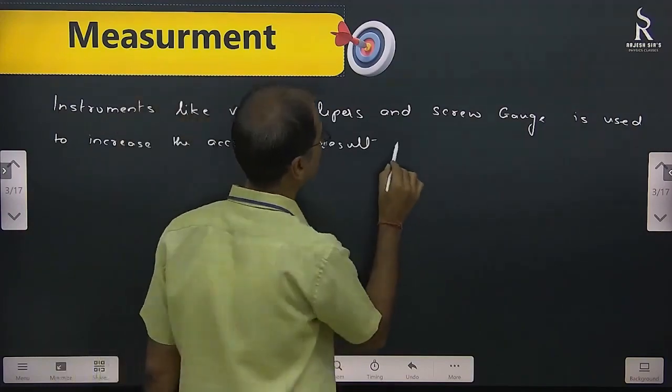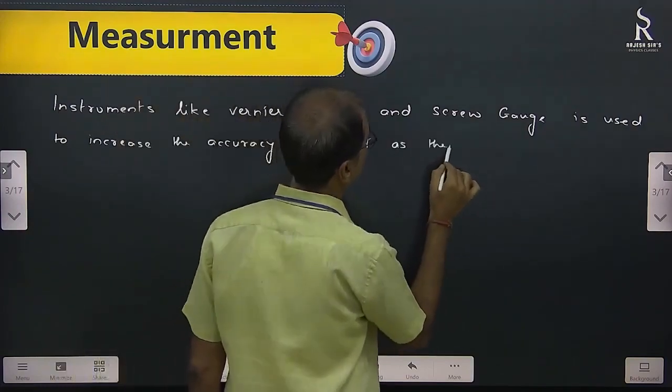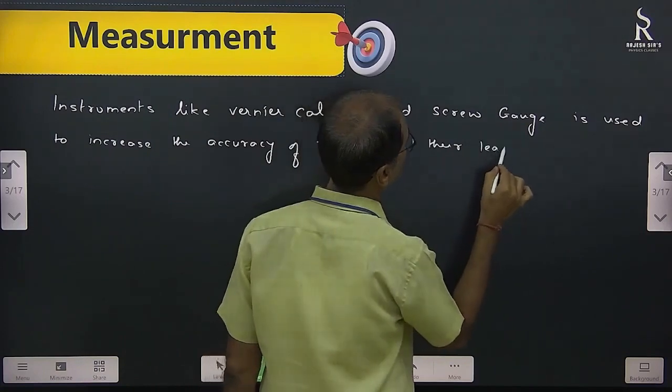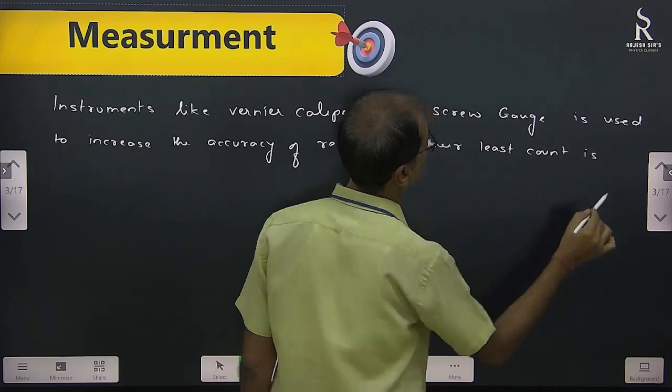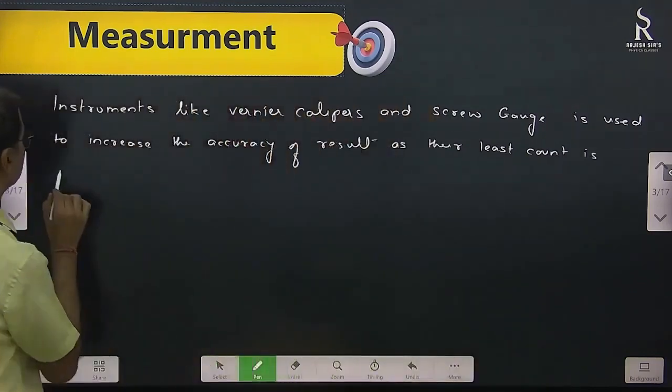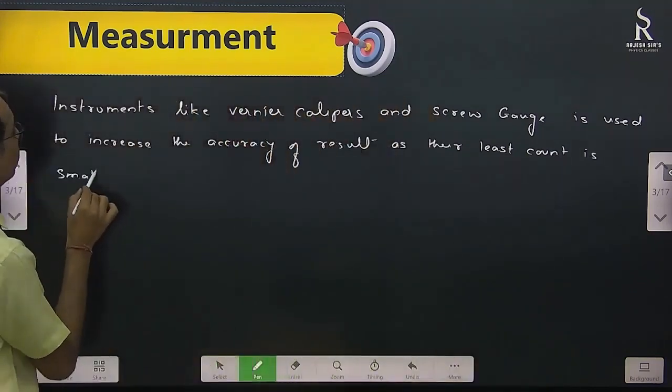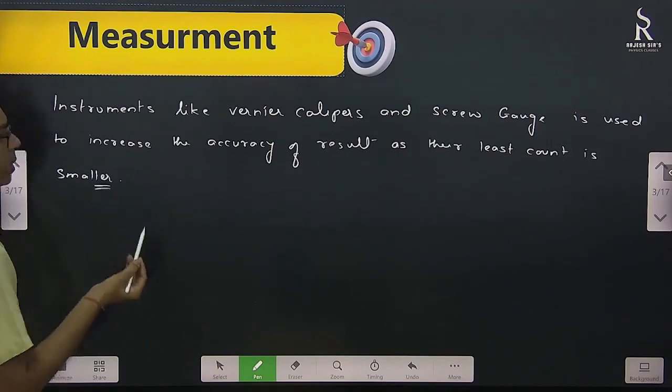As their least count is smaller, where we require more and more accuracy, we will use them accordingly.